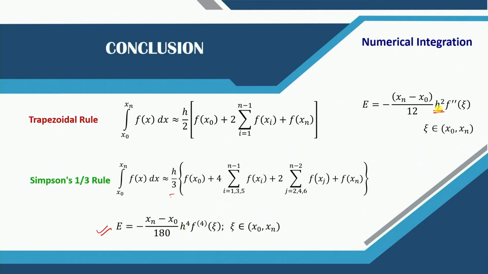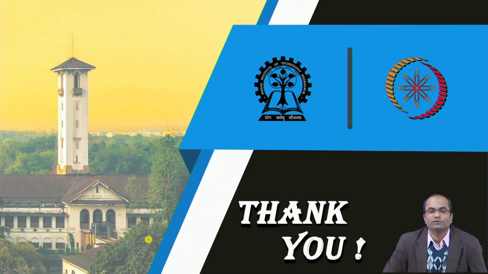So, there it was h^2, and here we have h^4 for the Simpson's rule. So, that is all for this lecture, and I thank you for your attention.